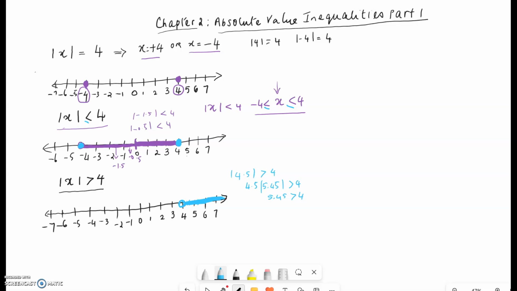Now let's look at the negative side. If a number is between -4 and 0, let's say it's like a -2.5, the absolute value of -2.5 is equal to 2.5, which is less than 4 and not greater than 4. So we cannot include anything in between -4 and 0.